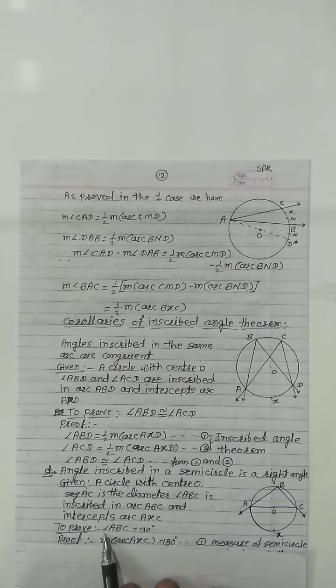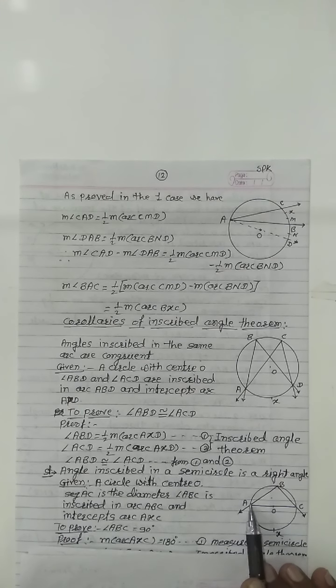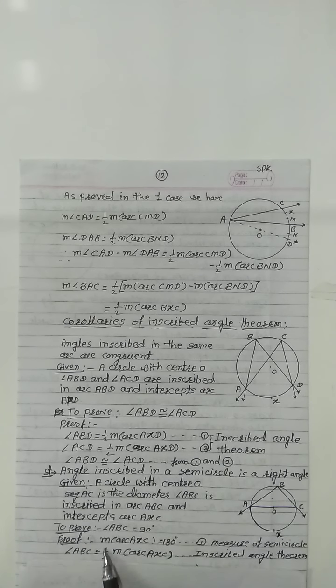Now to prove that angle ABC equals 90 degrees. Proof: measure of arc AXC equals 180 degrees, equation 1, measure of a semicircle. This is the semicircle, so we write 180 degrees.